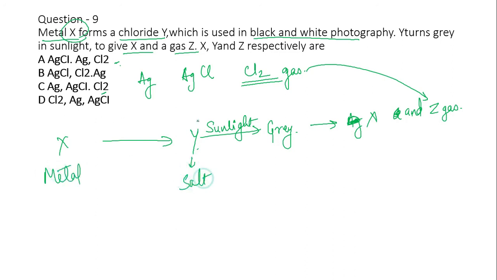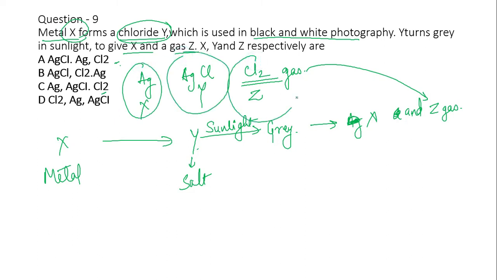They have mentioned, okay, forms chloride Y. So that means this will be your Y, this will be your X, and this will be your Z. So now we know what is X, what is Y, and what is Z. That means the correct option will be Ag, that is X, AgCl, that is Y, and Cl2, that is your Z. Correct? I hope it is clear to you that option C is your correct answer.